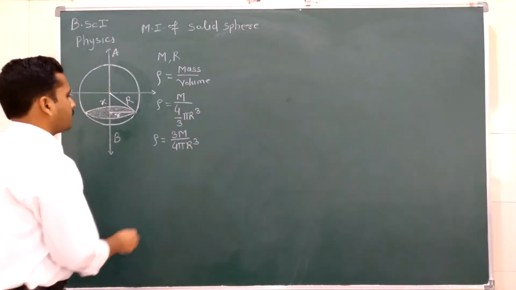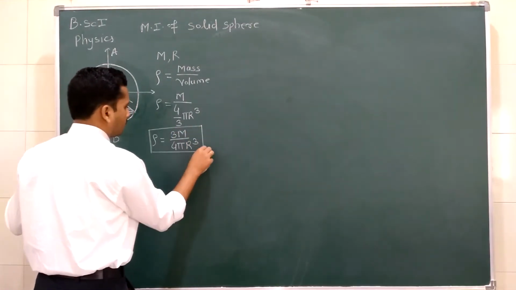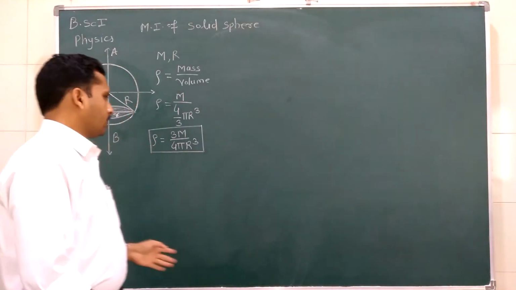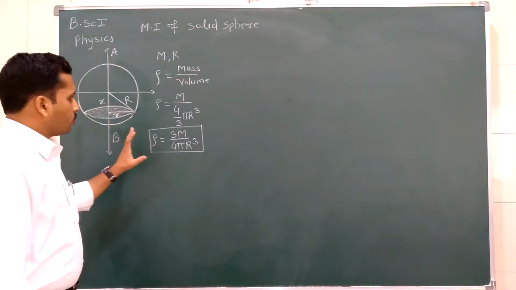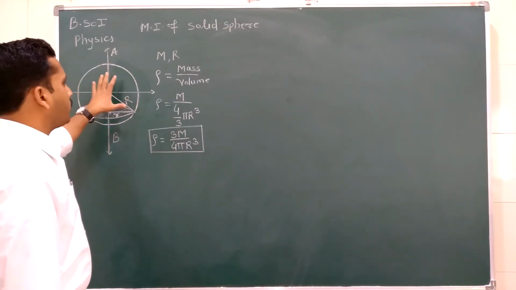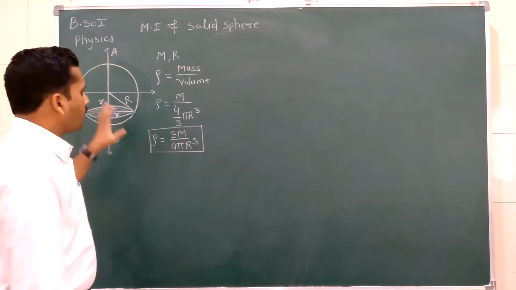This is nothing but the density of this solid sphere having radius R and mass capital M.